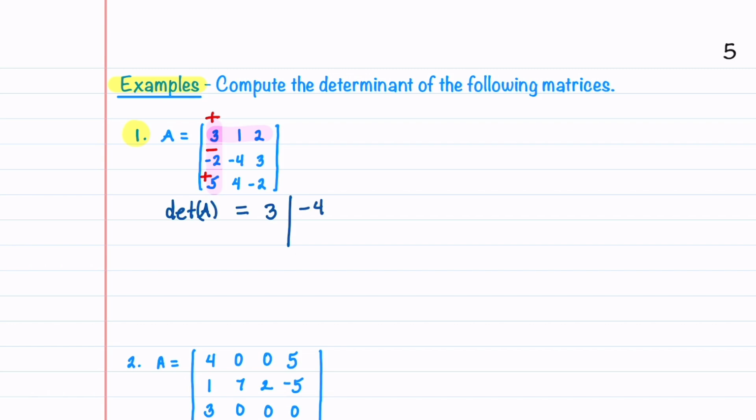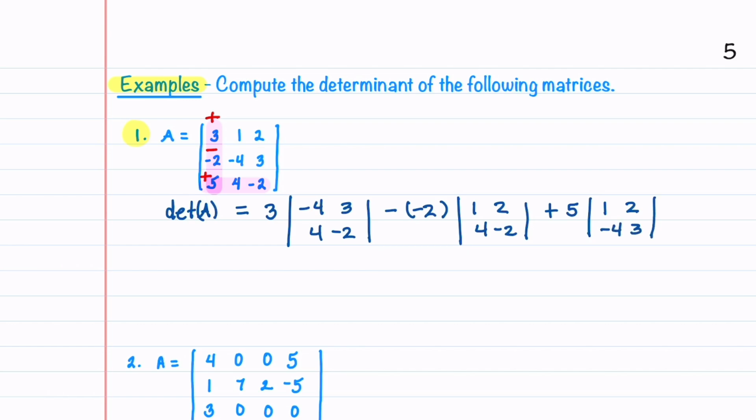This gives us the determinant -4, 3, 4, -2. And then we have a minus 2 going down to the next term. We'll cross out the row and column common to that term, and we have 1, 2, 4, -2. And then our last term is plus 5. We'll cross out the row and column common to that one, and our determinant is 1, 2, -4, 3.